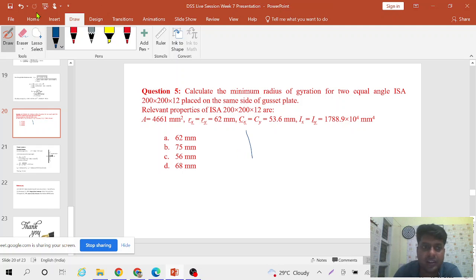Actually, I have made the figure in another slide. So these are the same angle sections, 200 cross 200 cross 12, and they are on the same side of the plate.